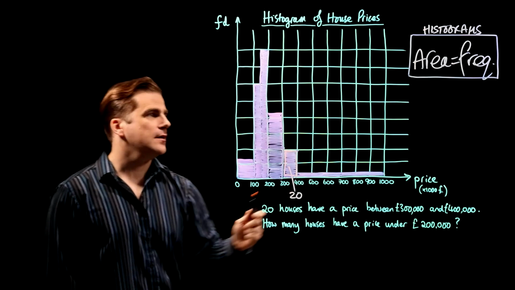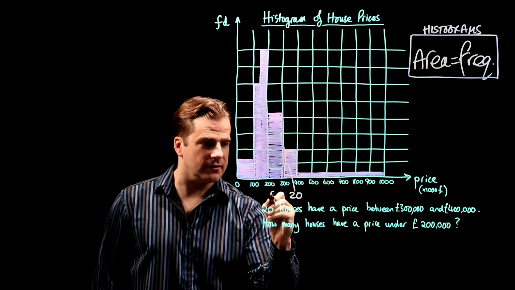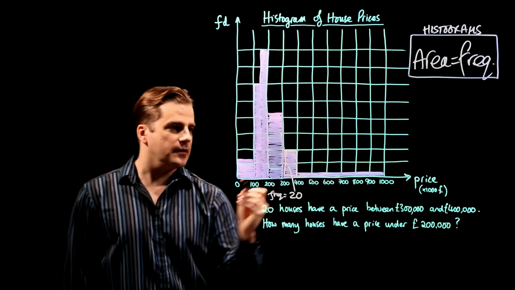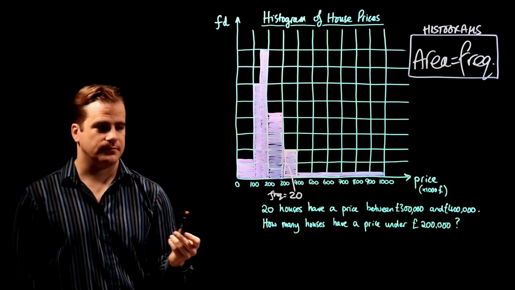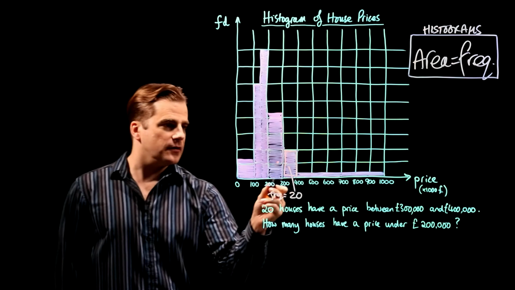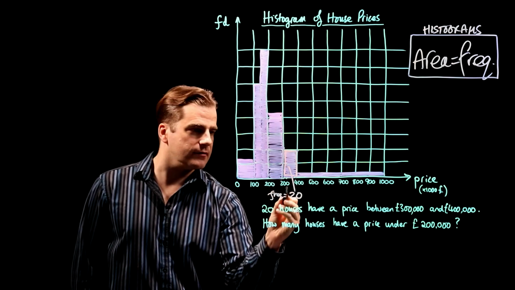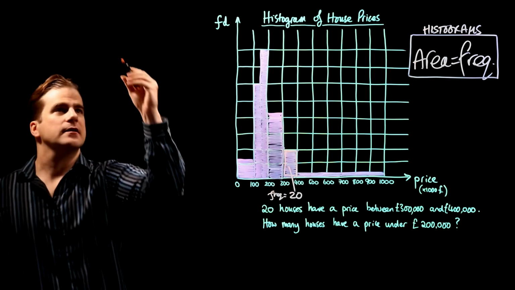Area is frequency, so the frequency is 20. So the area of that box equals 20. So what's the area? The area is the width times the height.